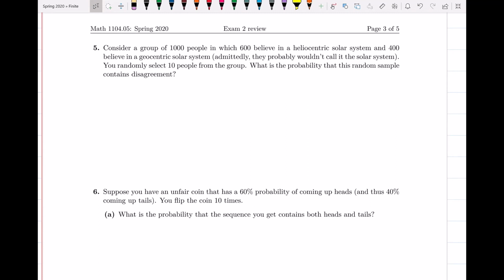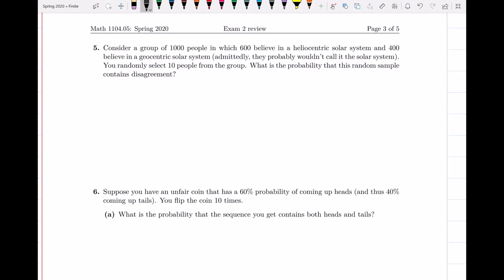So it contains some people who believe each cosmic view. Well, as has been the theme, the easiest way to do this is to compute the probability of the complement. There are a lot of different ways you could have disagreement, but there's not a lot of ways you could have 100% agreement.